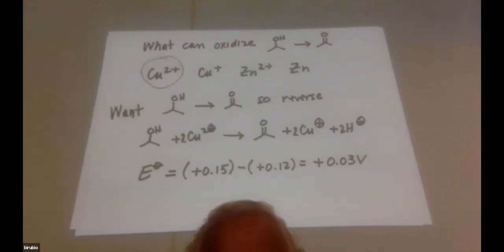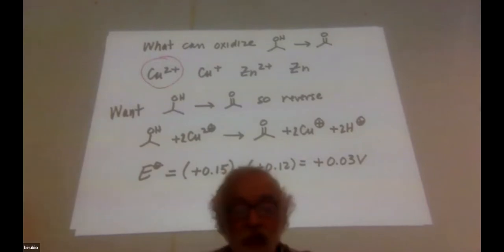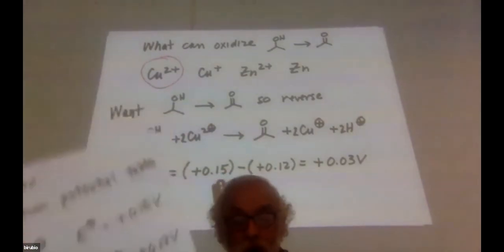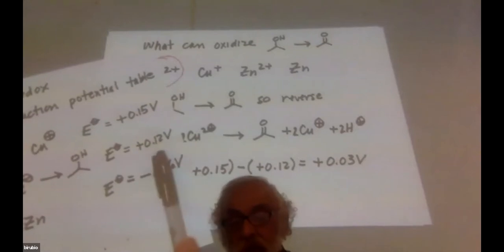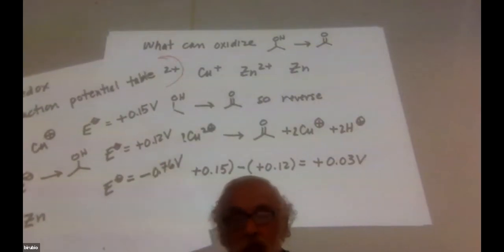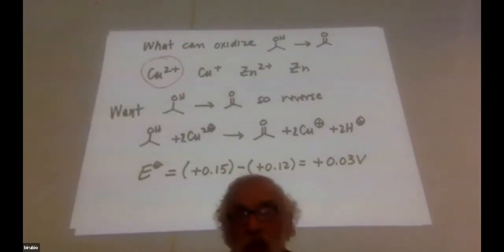We do, right? So forget about what they told you in Gen Chem. This is how you do it: the more positive minus the less positive. The more positive number minus the less positive number. That's just the simplest way of expressing what you're supposed to do.